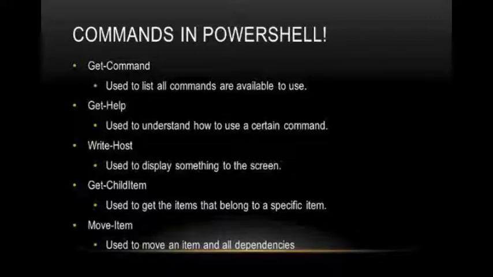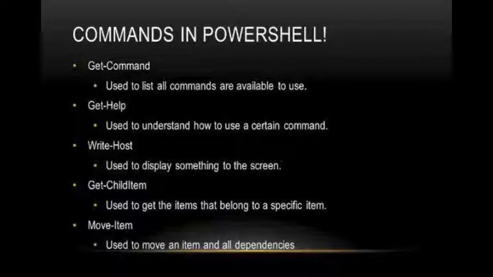Get-ChildItem is used very often in the scripts that I wrote. Get-ChildItem is used to get the items that belong to a specific item. If we're talking about a specific folder, Get-ChildItem will get all of the files that are in that folder. If we're talking about a folder in the registry, this will get all the keys that are under that registry folder.